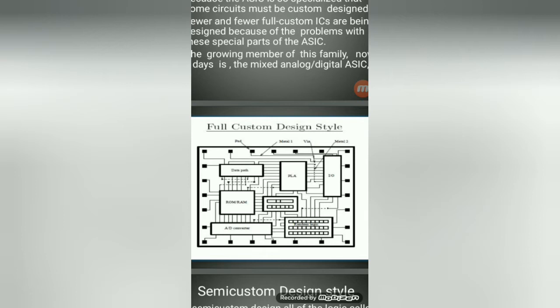Here we use IO pads and metallization. Metallization means the connection establishment for all IO blocks and logical blocks. Pads means IO pads, which are used for inputs and outputs, clocks, and enable signals. So this is the general basic architecture of full custom design.